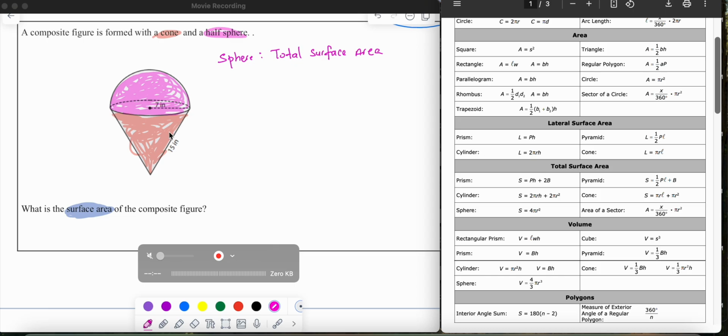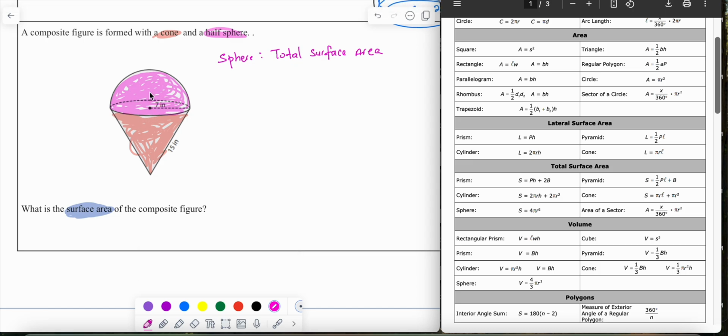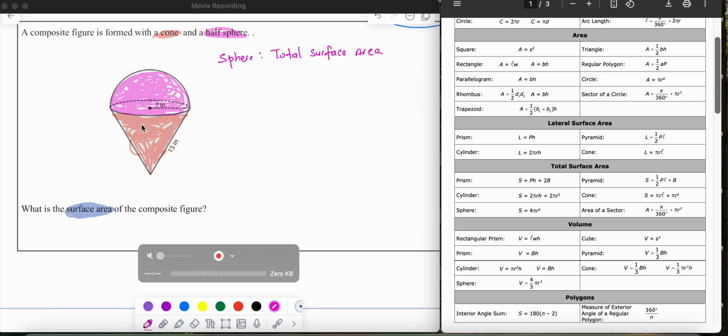Now let's talk about the cone. When you look at the cone, you have to look at the exterior. You have to look at it as one. Imagine you have an ice cream cone with a half sphere sitting on top of it.